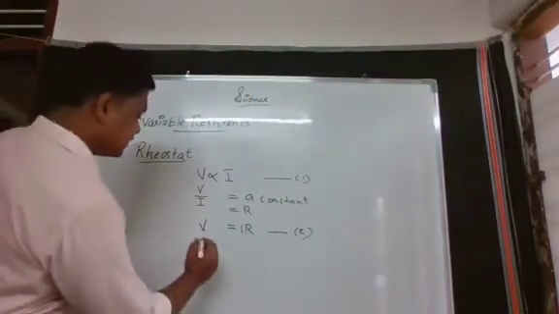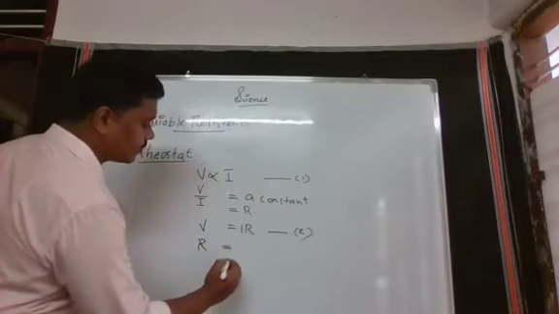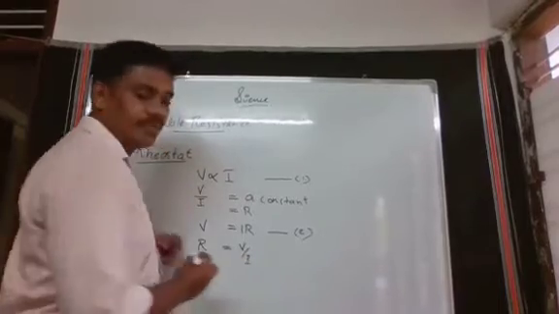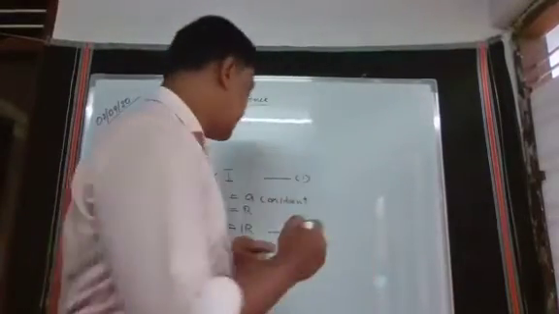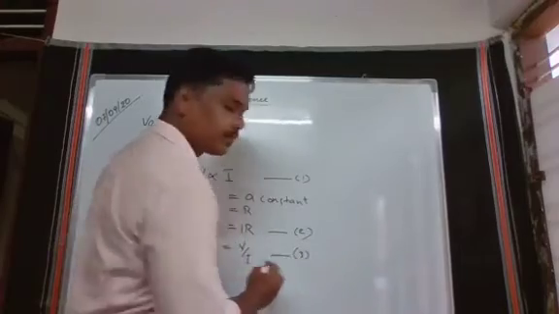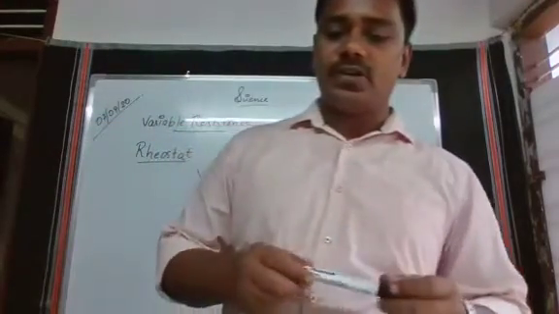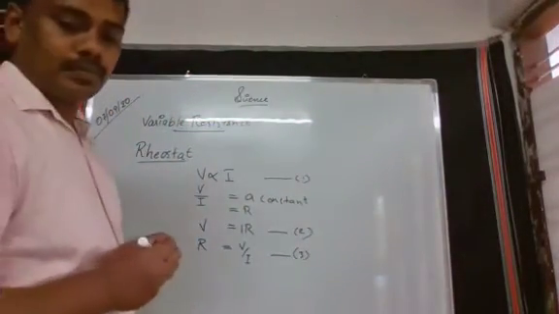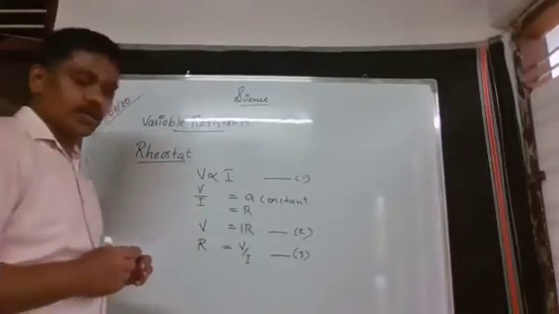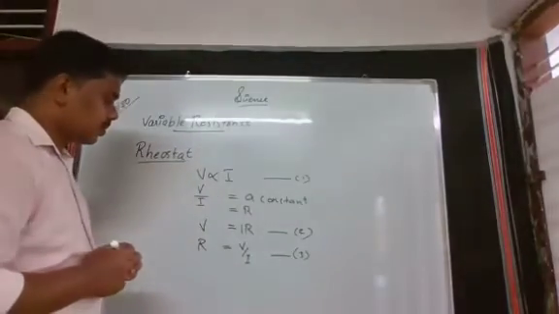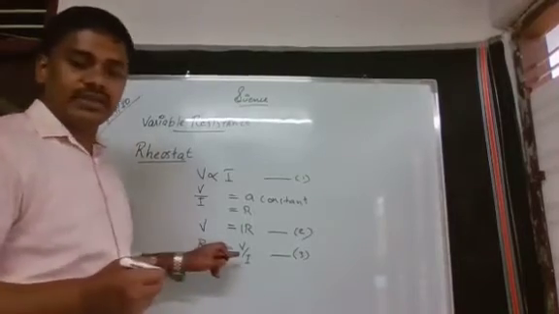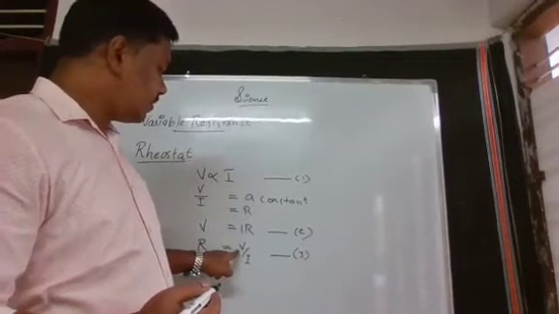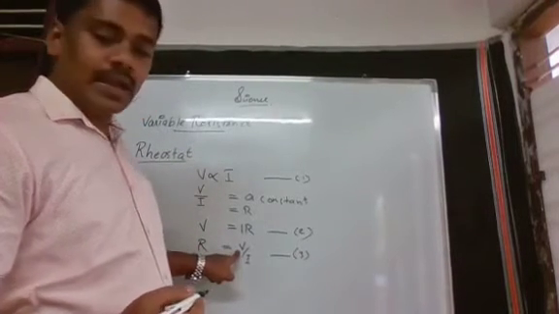R is equal to V by I. In other words, 1 ohm is equal to 1 volt by current, which is in ampere.